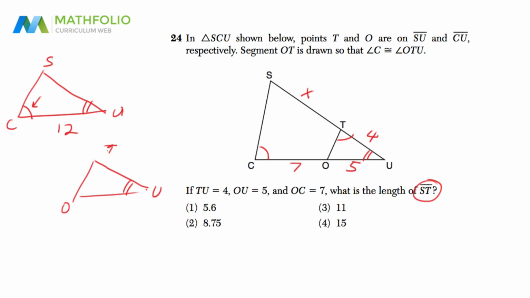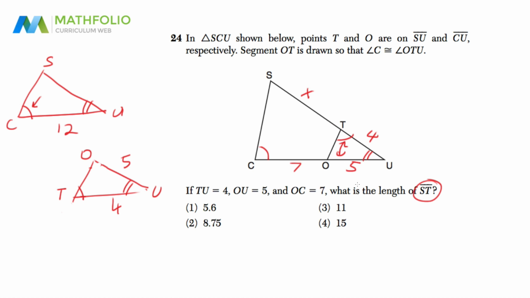So one thing we've got to do, which will make our life easier, is turn this smaller triangle upside down. So that T becomes here, and this angle is the same as C, and that O becomes the other. If we didn't turn this triangle upside down, switching the T and the O, then we'd get the wrong proportion. We wouldn't have matching corresponding sides.